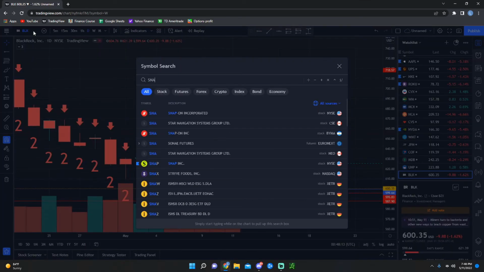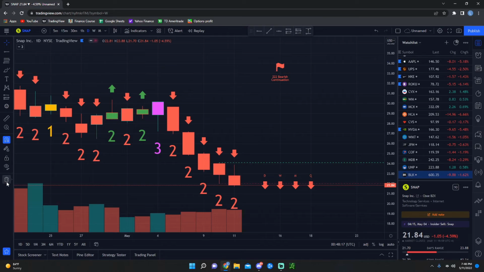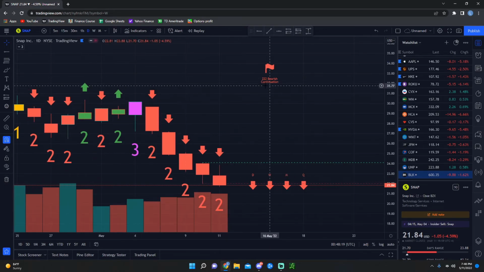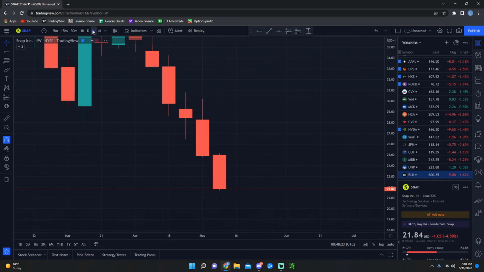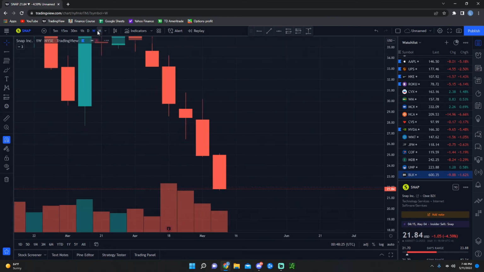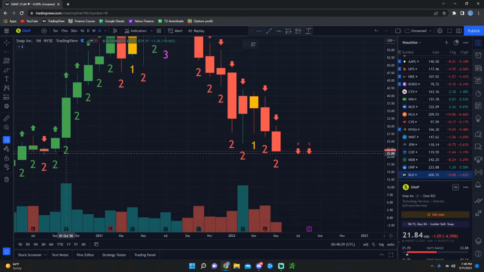Snap, okay. So yeah, we're red on all time frames. Let's look at what the monthly targets would be. We're almost approaching another monthly target there. Because this one, well, this would have been the next one. And then this here.